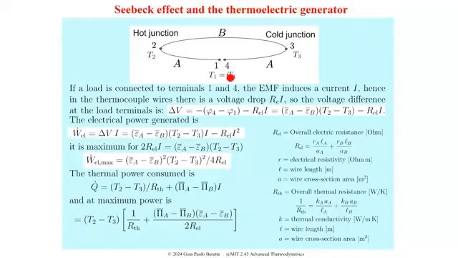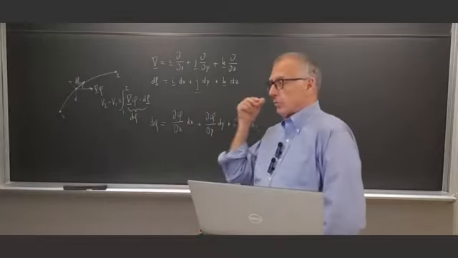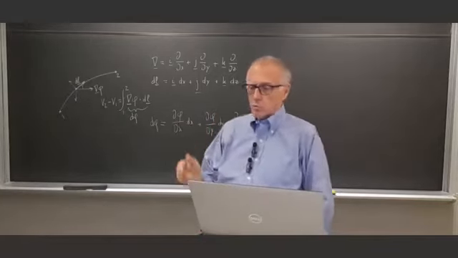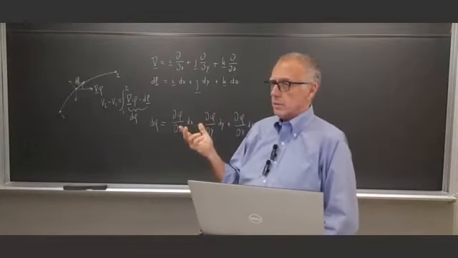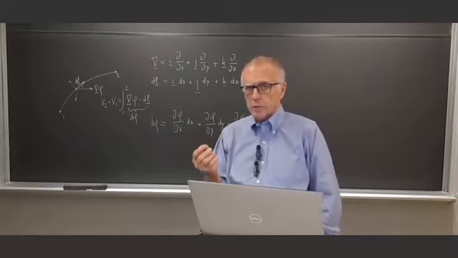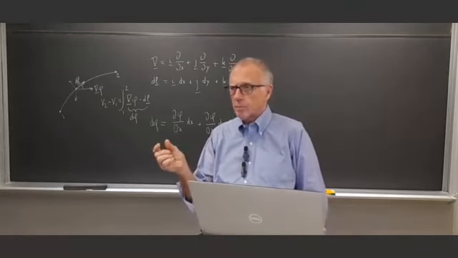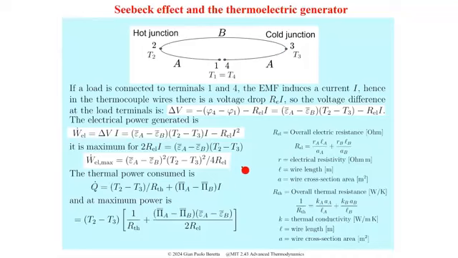If there is a current that goes from 4 to 1, there is also a current inside the wires that goes all the way around. So when I do the calculation for the voltage, I also need to take into account the other part of the equation, the one that has to do with the electrical current. So I have to add up for the voltage drop, Ohm's law.